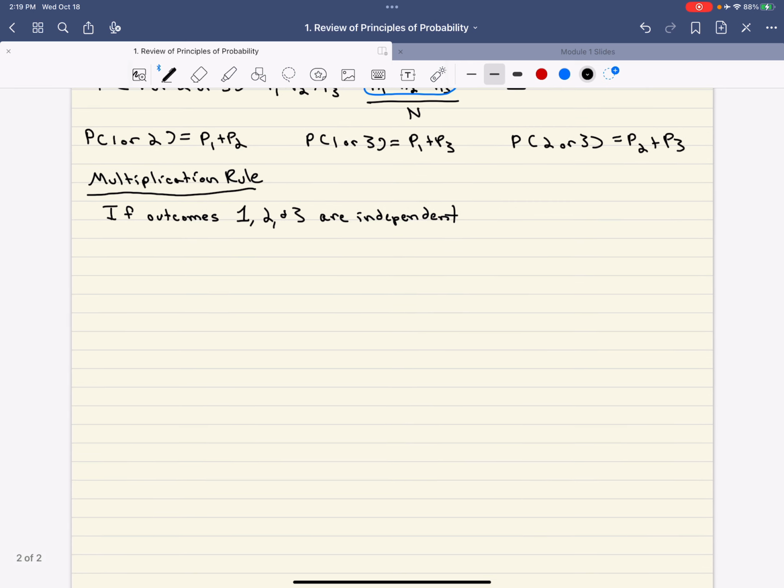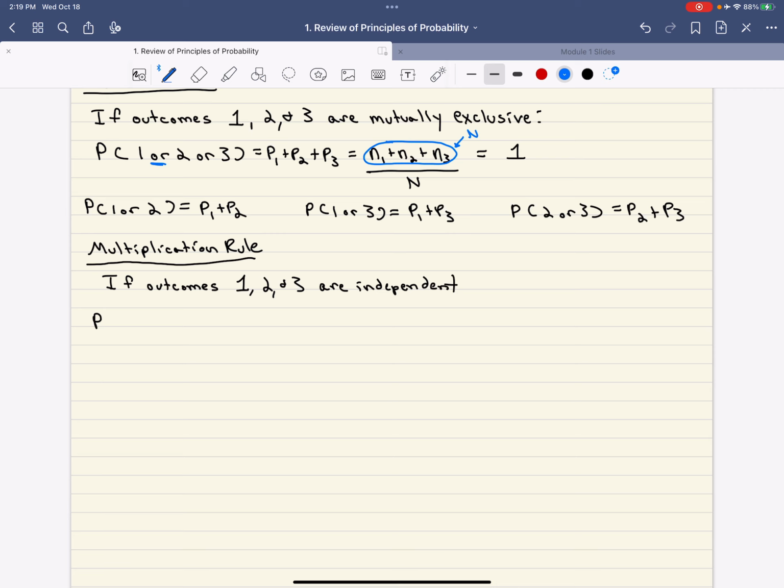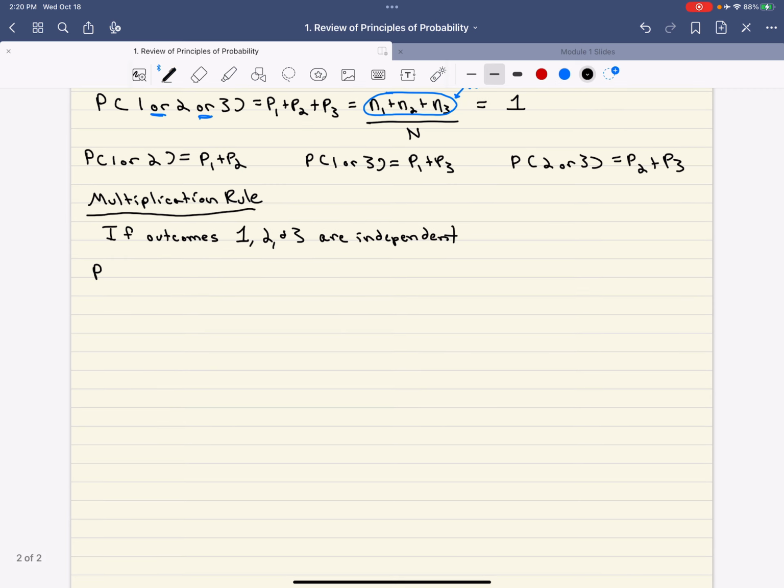And so here, in the previous one, for the addition rule, we were looking for cases where we were looking at OR. Here, we're going to look at cases where outcome 1 and 2 and 3 occur. Right? And so here, in order to calculate this probability, we would take the product of the three individual probabilities. And so here, if we do that, we would end up with this equation.